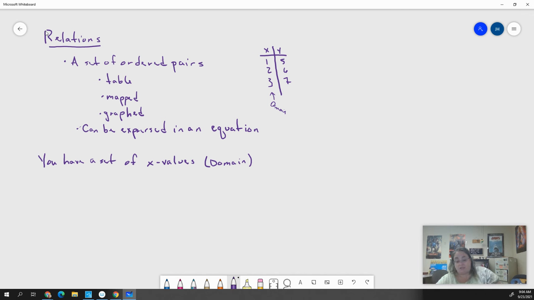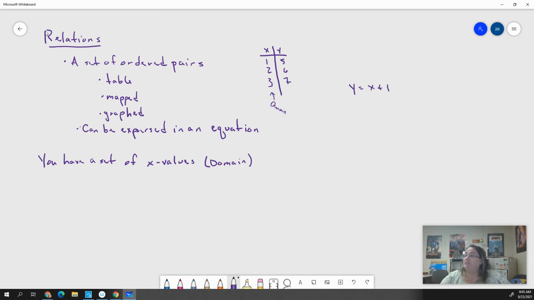So if I have a problem that's like Y equals X plus 1, my independent variable is X, right? Because X is going to determine what Y equals, right? Whatever we put in for X is going to change what our Y is.